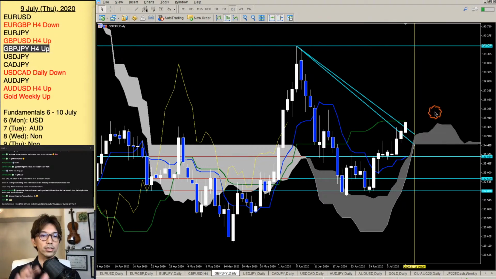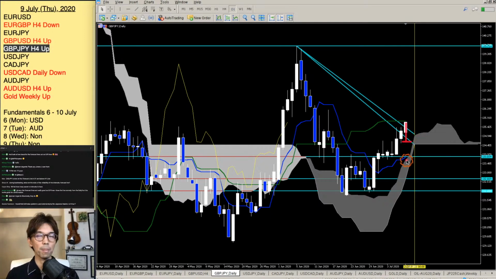Because this is a daily chart, we have to wait for the daily candle close. The current price is right on the Kijun-sen, the green one. The current price looks to be right on it, but if at the end of this day the close price is below the forecast line, then we can conclude that the price has been resisted by these forecast lines.